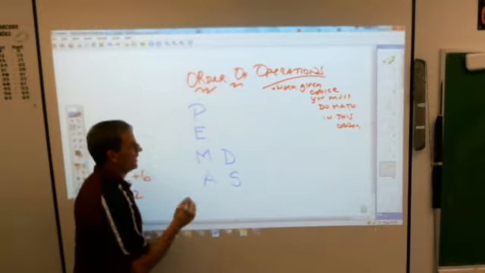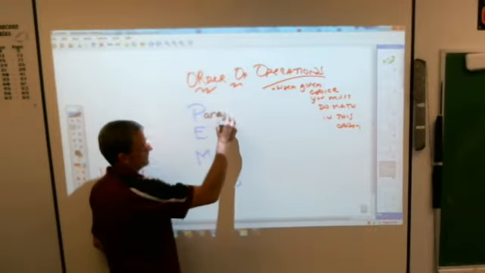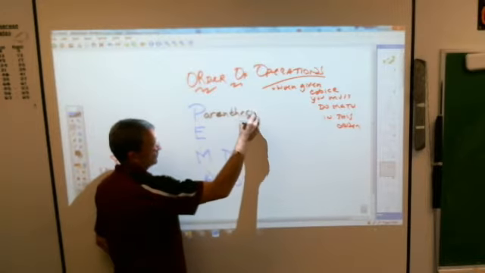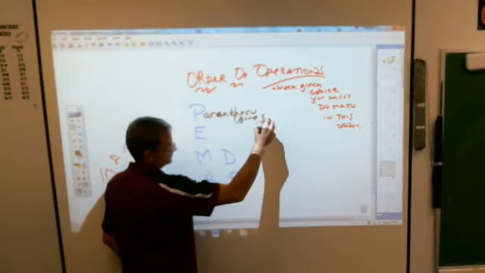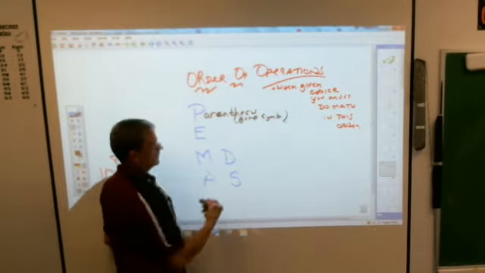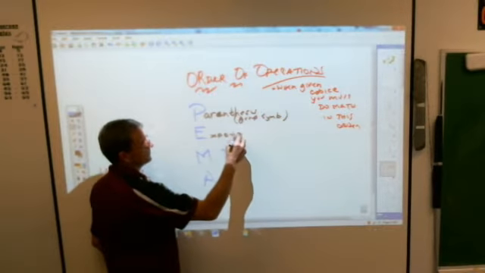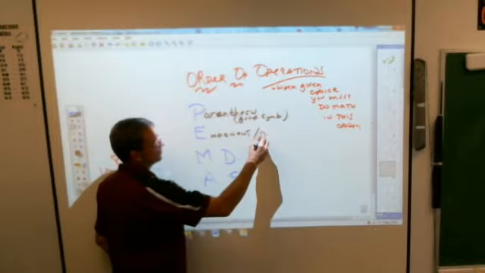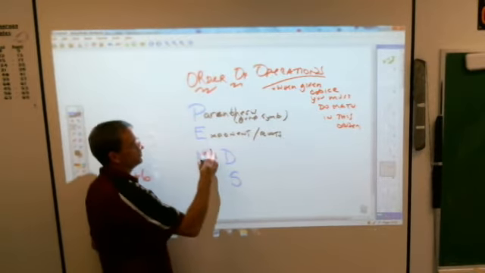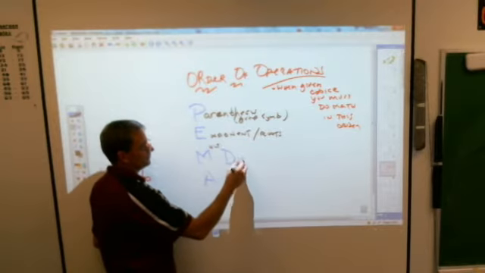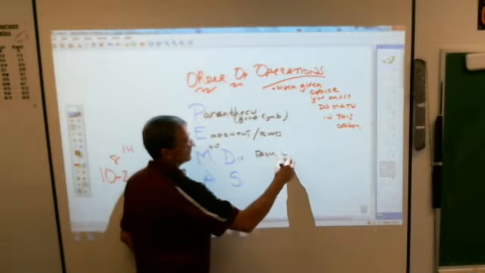So the order you go in is this. The first one is P for parentheses, which really should be called grouping symbols. E is for exponents or powers or roots. M and D are multiplication and division, and it must be from left to right.